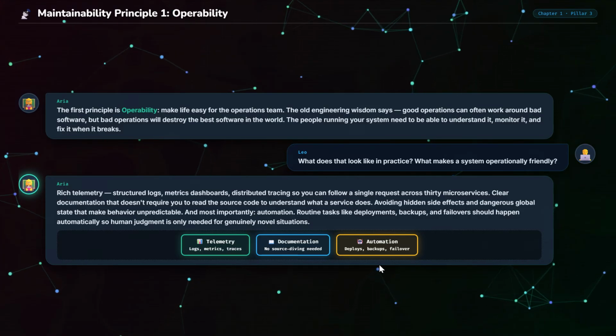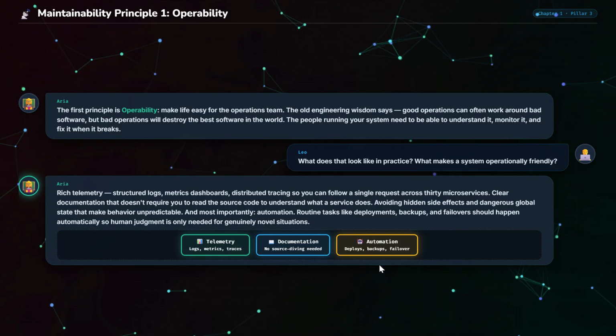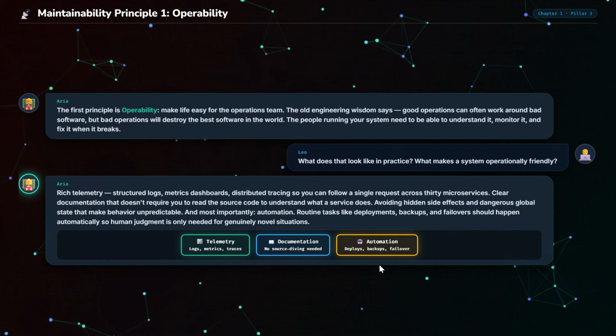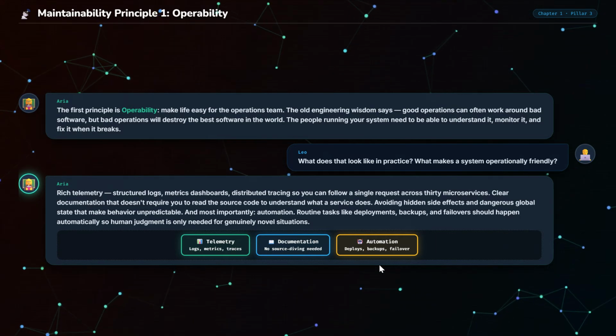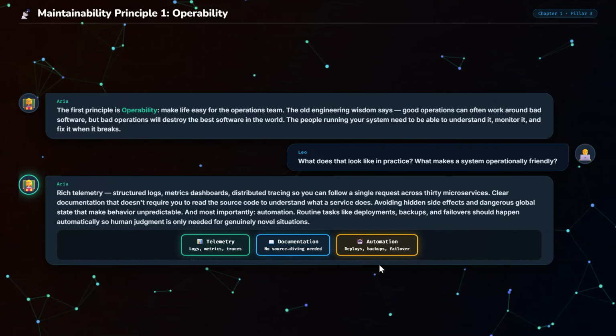Clear self-documenting interfaces so engineers do not need to read internal source code to understand what a service does. Avoiding hidden side effects, dangerous global state, and action at a distance behavior that makes systems unpredictable.